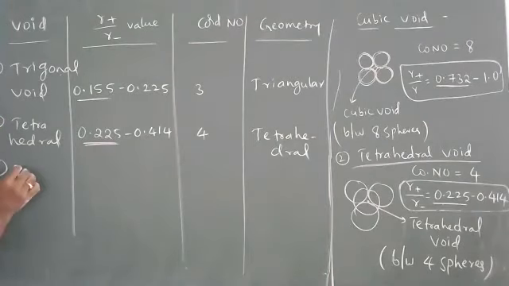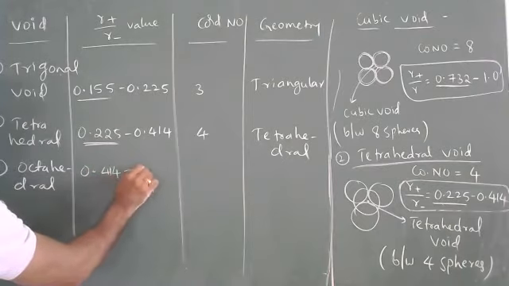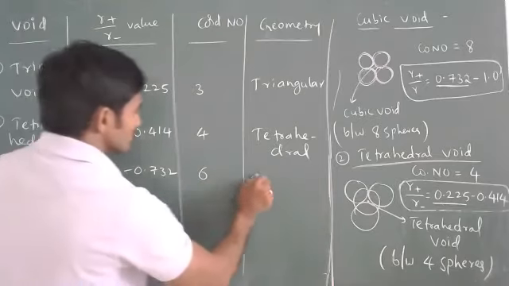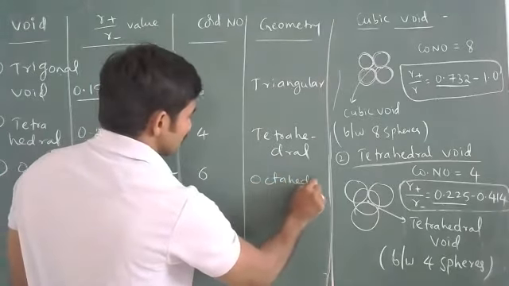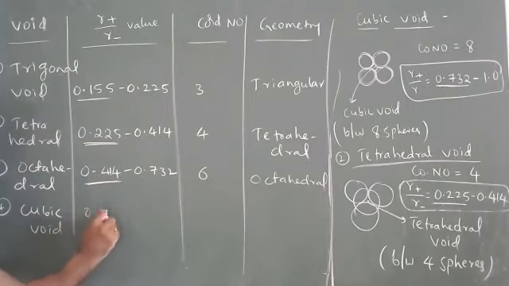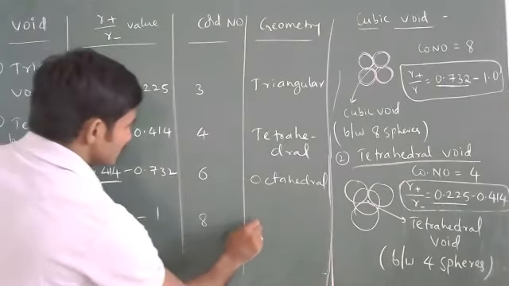So third one is octahedral, 0.414 to 0.732. Coordination number 6, octahedral geometry. Next, cubic, 0.732 to 1. Coordination number 8.